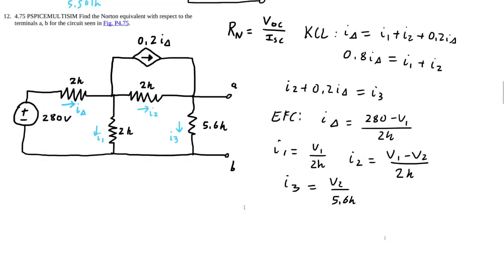For 4.75, we're going to have to do something a little bit different because this dependent source messes it up a little bit. You can't find the Norton resistance the same way as we did before, where we shut off all the current sources and made the voltage sources into shorts. So instead, we're going to have to calculate both V open circuit and I short circuit and use Ohm's law to determine the Norton equivalent resistance.